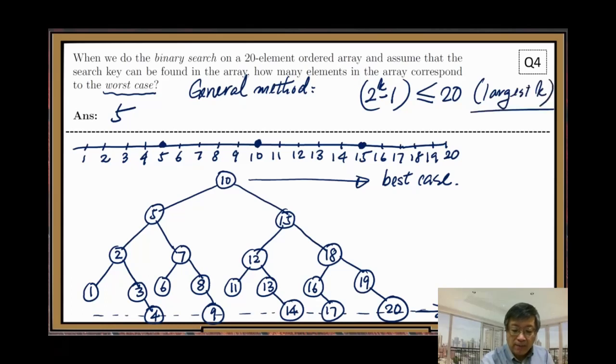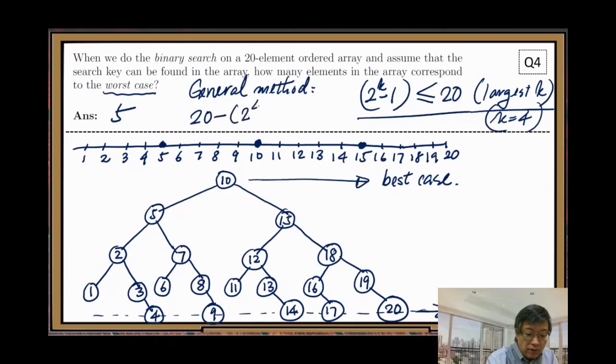Here k equals 4 is the largest, since 2 to the 4th is 16, minus 1 is 15. Second, you use 20 minus 15, and that is your answer, 5. That is the general method.